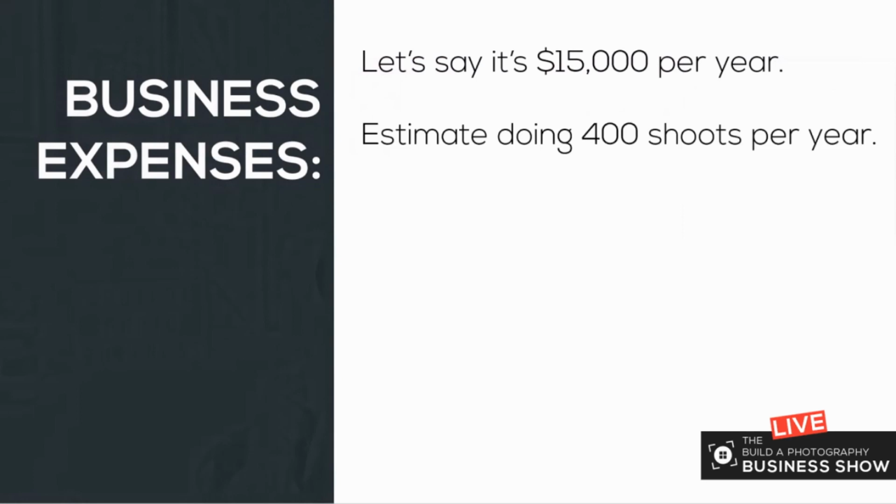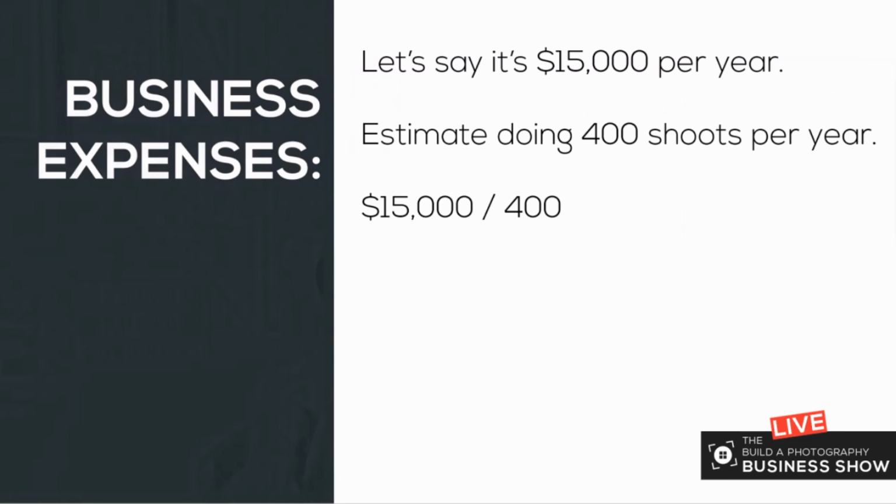So what we do is we add up all of those expenses, and let's say it's $15,000 per year. So then we need to calculate what those expenses are per shoot. And it's important here that you conservatively estimate how many shoots you'll do. So let's say that you estimate that you'll do 400 photo shoots per year.